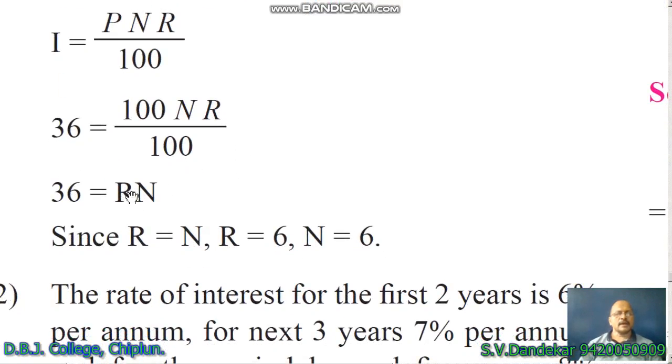So R into N is equal to 36, but rate of interest is equal to period, so R is equal to N, and therefore R square is equal to 36, therefore R is equal to 6 and N is equal to 6.